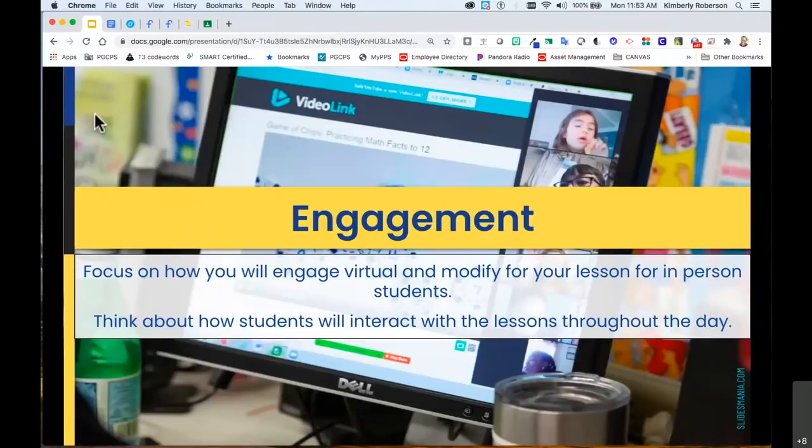Remember, if you focus on how you will engage your virtual learners, it will be easier to make modifications for the in-person students. As you think about how you will engage your learners, we're going to review some suggested activities that you may want to include in your instruction.